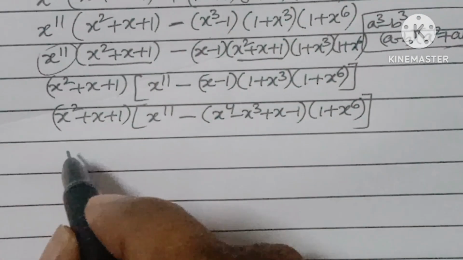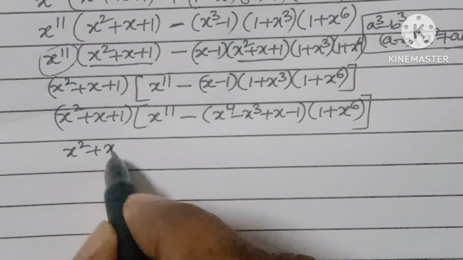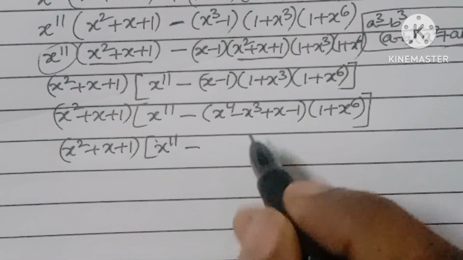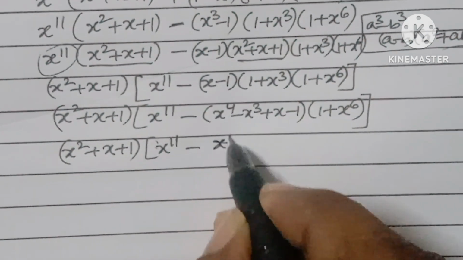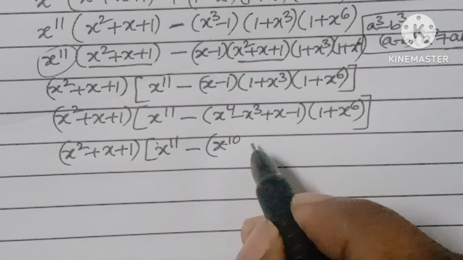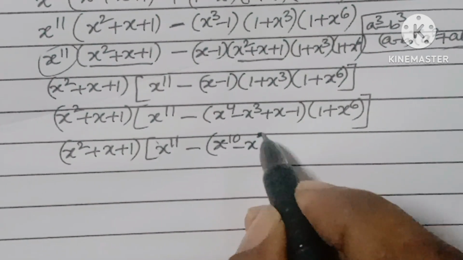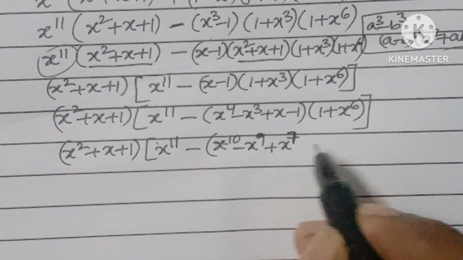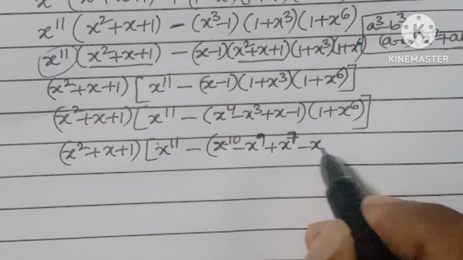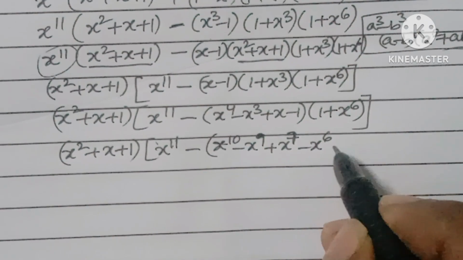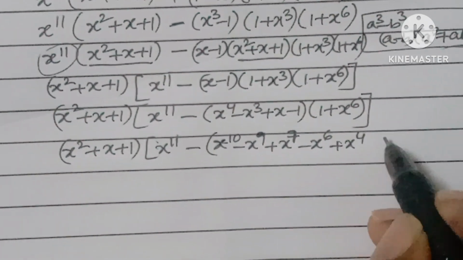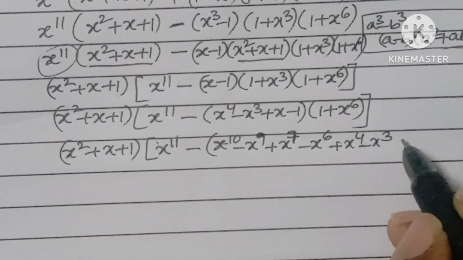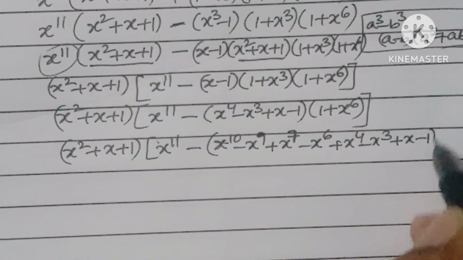Next, x square plus x plus 1 into x to the power of 11 minus, here we get x to the power of 10 minus x power 9 plus x to the power of 7 minus x to the power of 6 plus x power 4 minus x cube plus x minus 1.